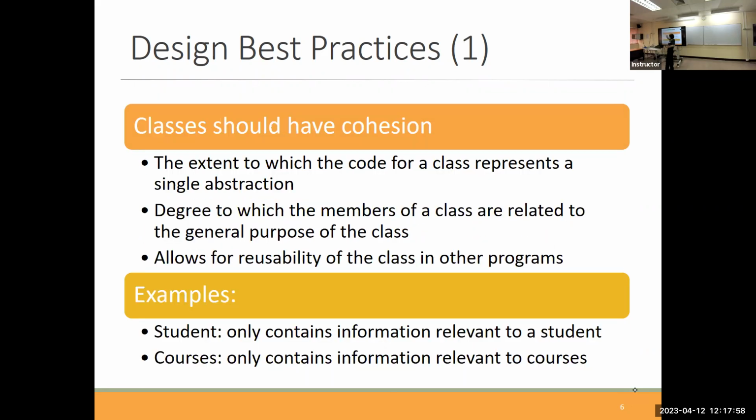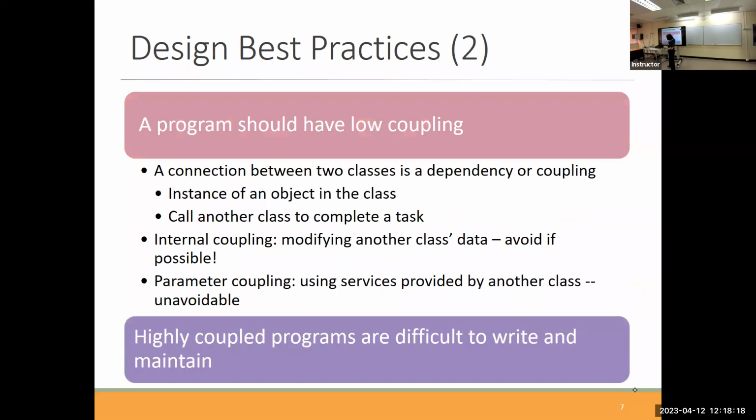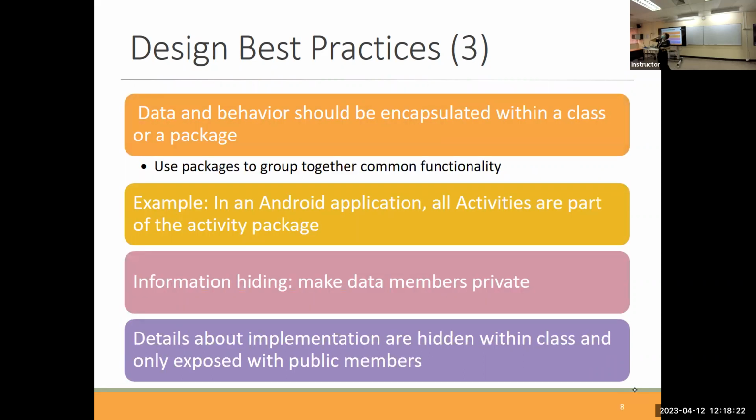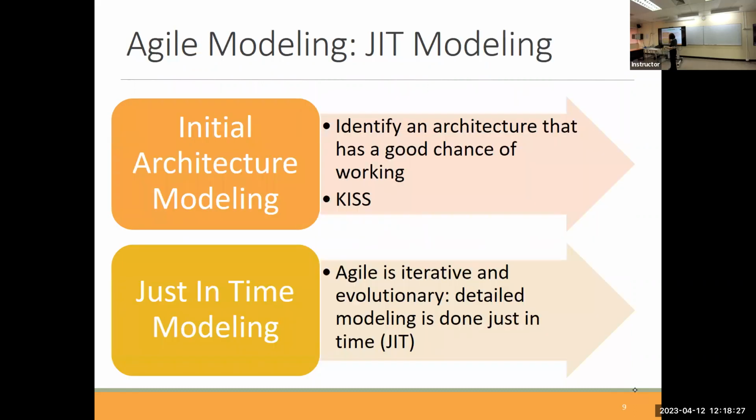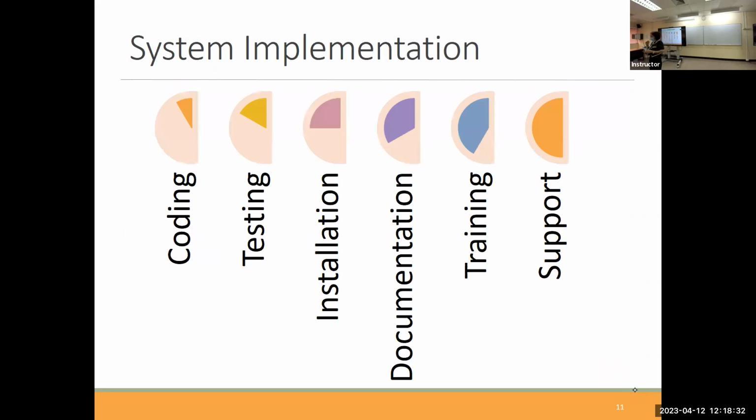It's just some design principles that you should have in terms of object-oriented design and technical design related to UML and so on, such as your class should have cohesion, the program should have low coupling when you develop your code and your system, and so on. But I will move to the implementation.